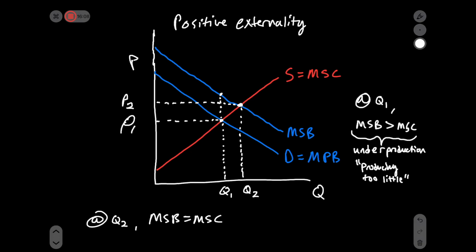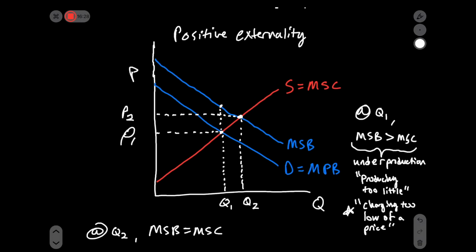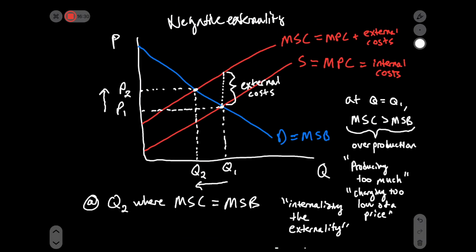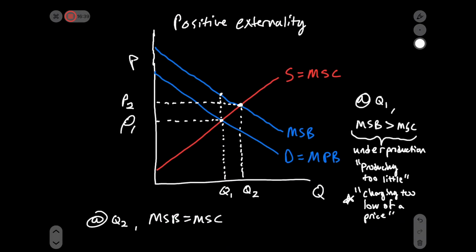And currently, you can see here as well, we are charging too low of a price. So this happens to be the case, this one right here, this happens to be the case in both scenarios. But in this first scenario, it was because some of these costs are being offloaded onto others who don't benefit from the production or consumption of this good.